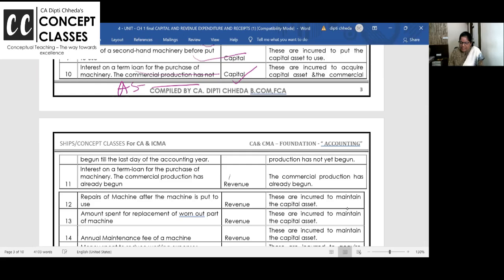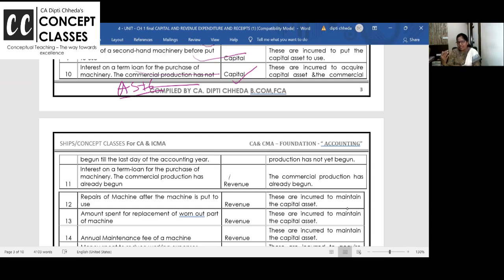This you will study in depth in later classes, AS 16. You purchase a machinery or you are making a building. Till the building is prepared, you have taken a loan from a bank to make this building. Whatever interest meter is going on, add it to the cost of the building till the building is ready. Once the building is ready and commercial possession starts, if you are still paying interest, charge it off to your P&L account.